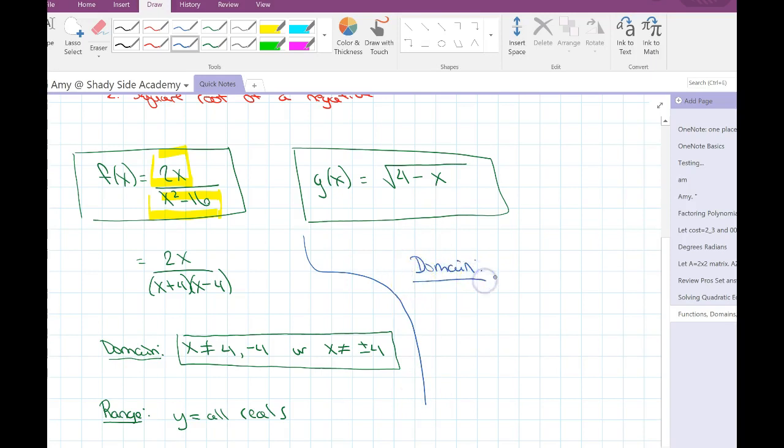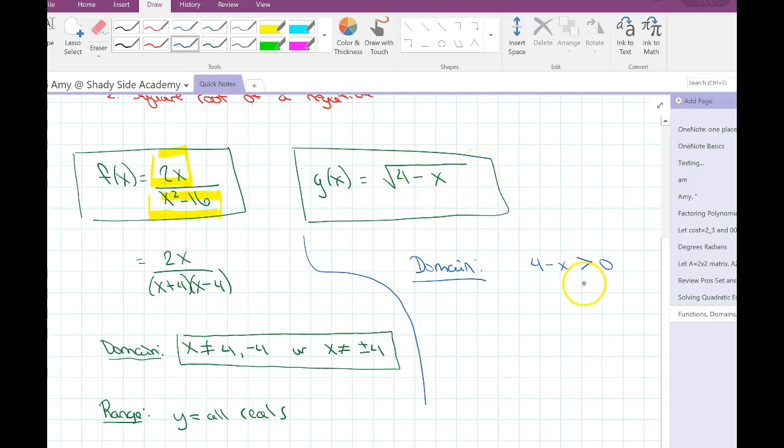Well, for the domain, we look for a violation of a cardinal law of the realm. I'm taking the square root of 4 minus x, and I know that 4 minus x must be a number bigger than or equal to 0. Otherwise, if this radicand is negative, the square root of a negative number does not exist, at least not within this realm.